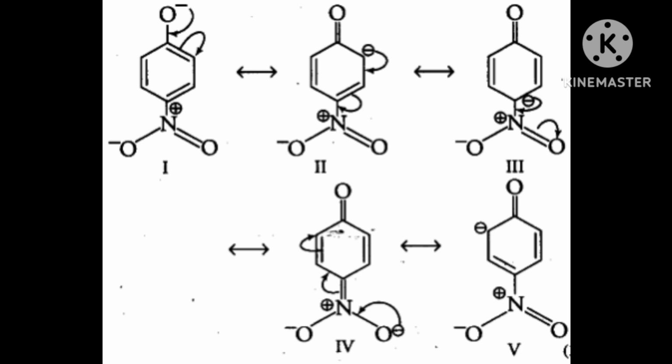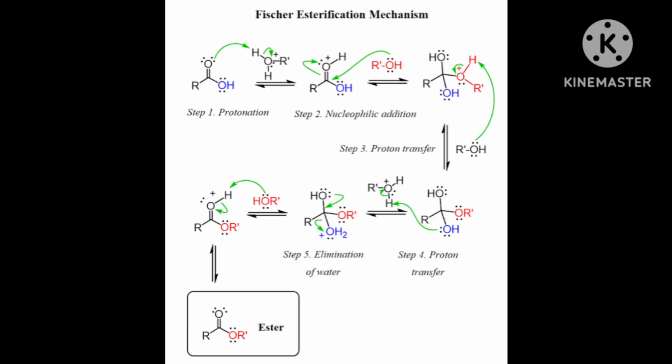When the C and O bond breaks, carbon will get a positive charge and OH will be negative. This you remember. This is a very, very important point. And on this side ROH is there. Then what will happen?